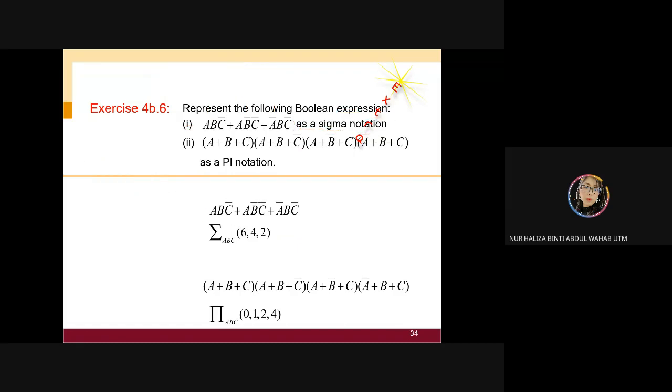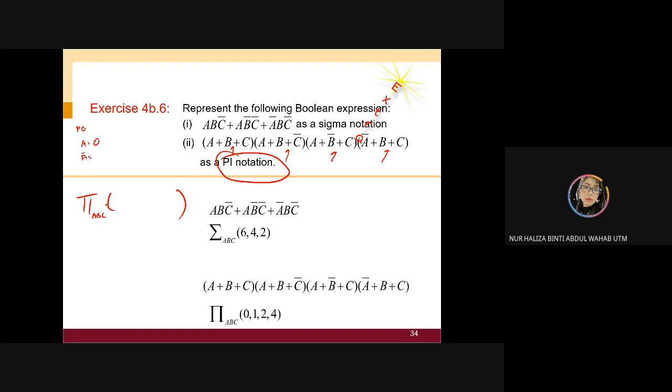Now, second, I have pi notation. Okay, I draw pi. How many inputs do I have? I have A, B, C. In what condition will I get the output of 0? Okay, POS. I need to remember back: A equal to 1 is 0, A bar equal to 0.